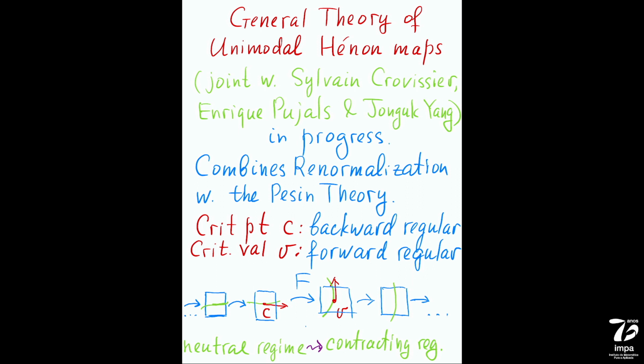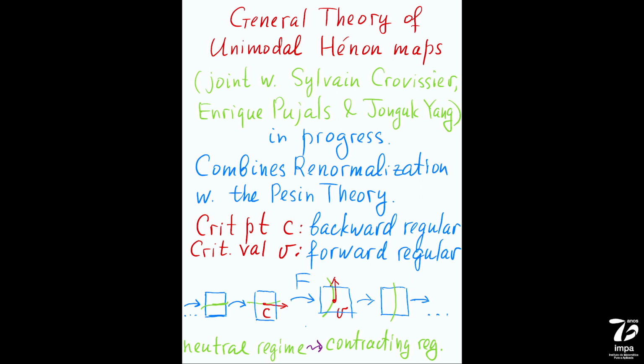And it is something that we have been developing already for several years with Sylvain Crovisier, Enrique Pujals, and Jian-Guo Yang. And so we need a notion of the critical point for Henon maps, and these ideas go back to Carleson, Benedicks, then Bedford, Smillie, and many people gave a thought to it, and in particular Enrique and Sylvain gave a thought to it, and somehow revisited it from the point of view of Pesin theory. And that's exactly the point of view that we are pursuing here.